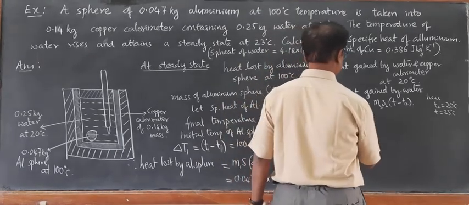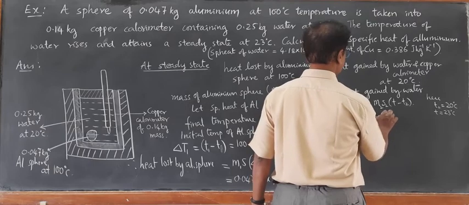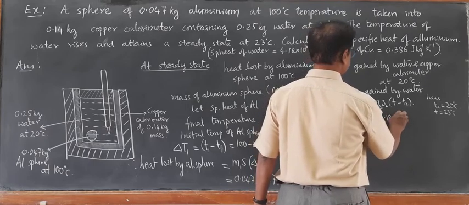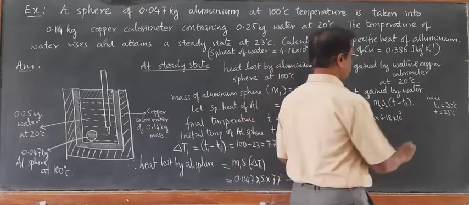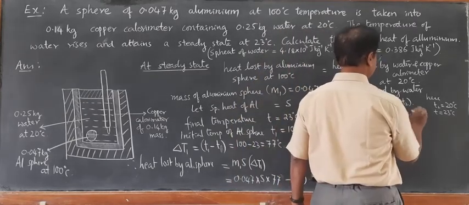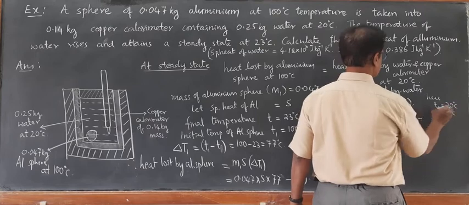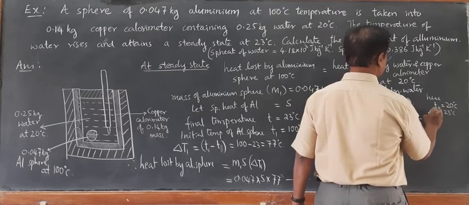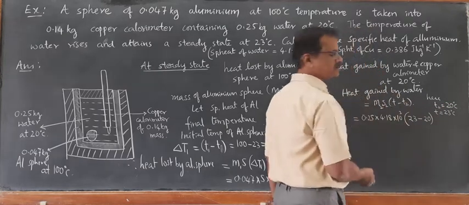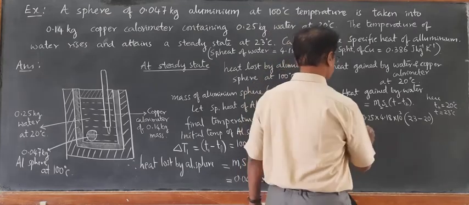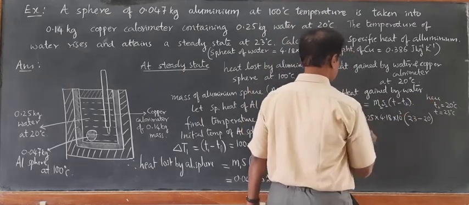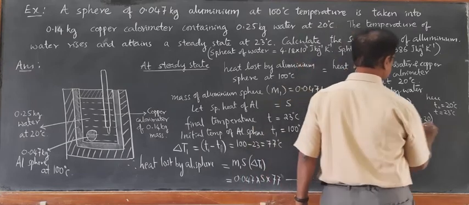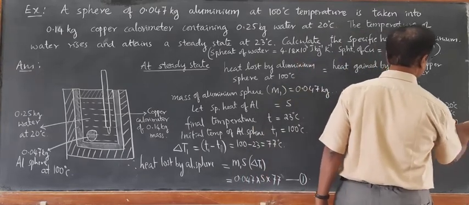Therefore I can write it as 0.25 kg into 4.18 into 10 raised to 3, that is the specific heat of water, into 23 minus 20, that becomes 3 degrees Celsius. So this is how we write heat gained by water. You can call it equation 2.